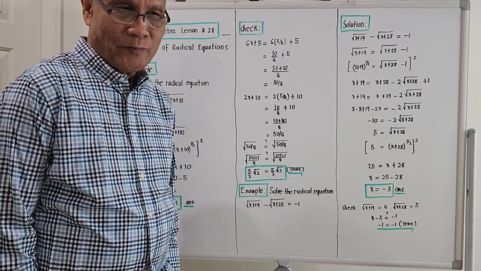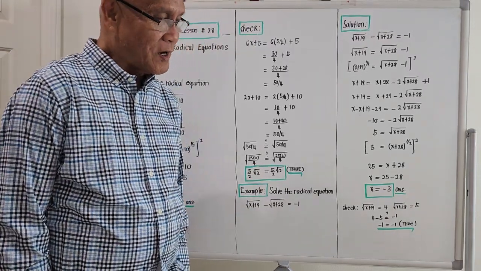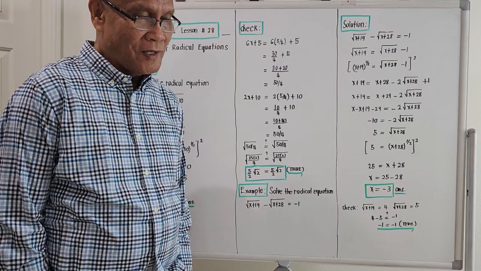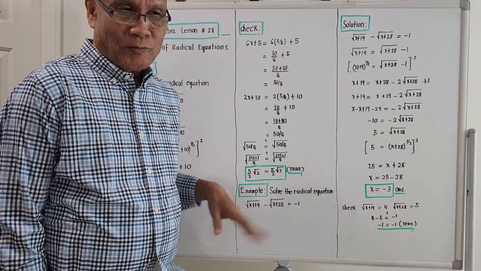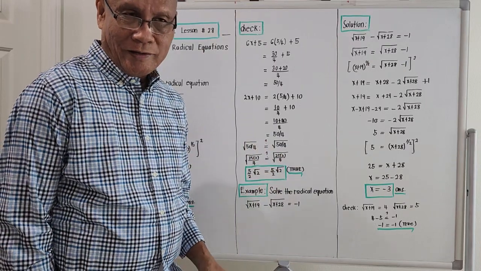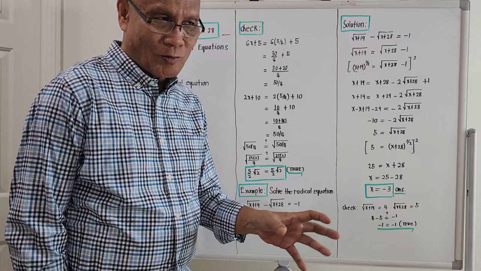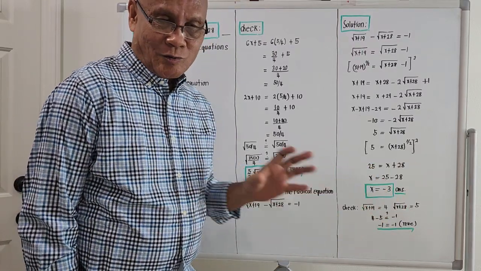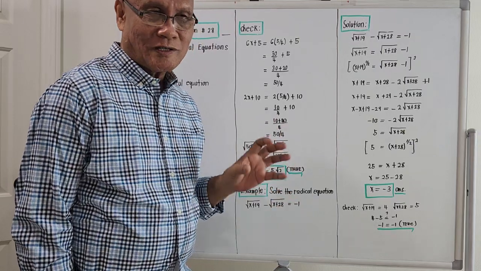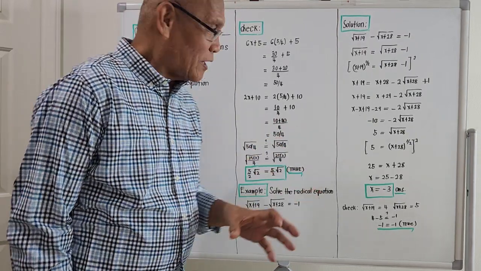A radical expression is almost similar to a radical equation, except that the radical expression doesn't have an equality sign. For a radical equation there is an equality sign, and the right hand side is a value, either 0 or some other value. So a radical equation is a radical expression which has an equality sign.